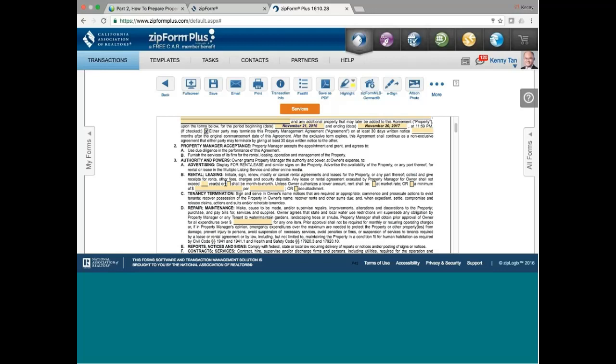Now, if a property manager has the power to sign a rental agreement, then should it be signed by the tenant and by the property manager, in the property manager's name or in the landlord's name? What are the pros and cons of having the property manager sign the lease agreement with the tenant?